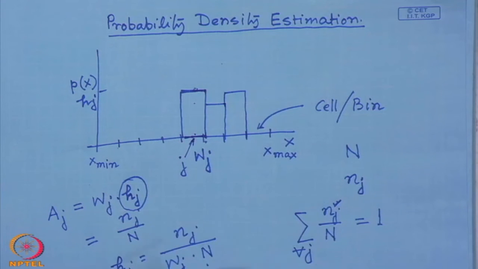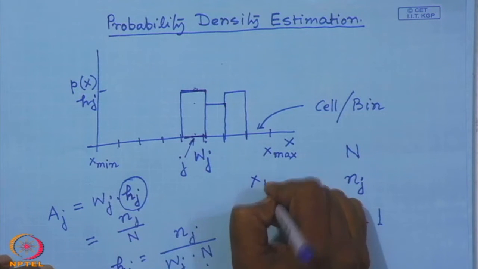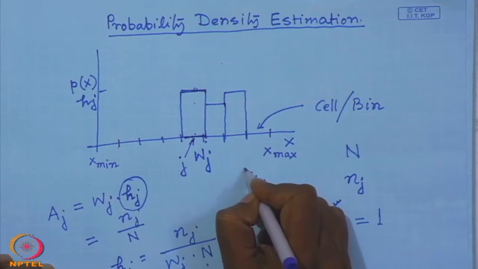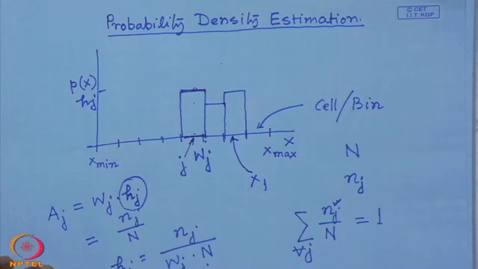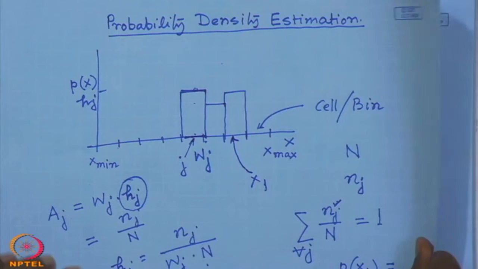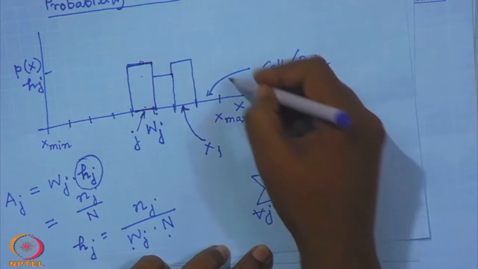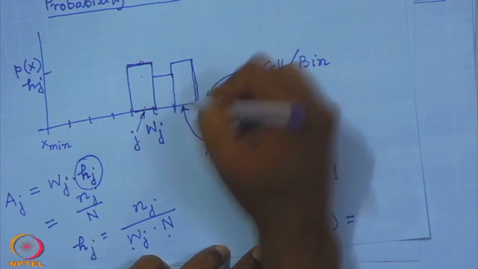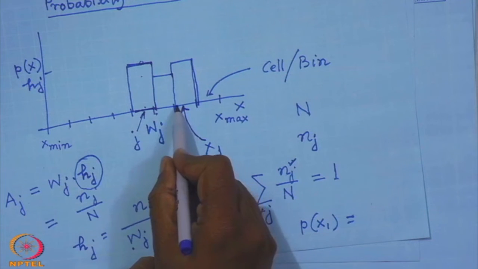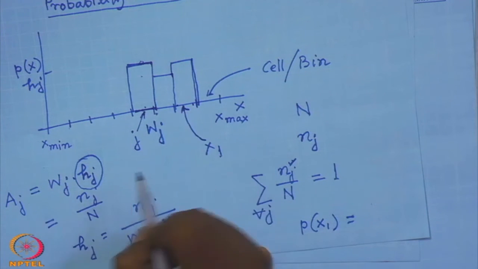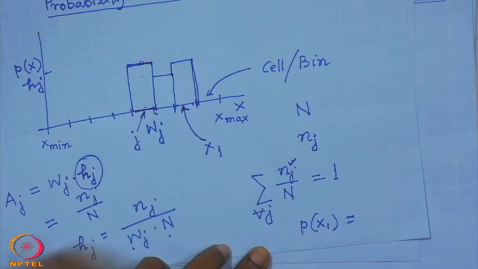Now, for an unknown x, say x 1, if I find that this x 1 falls in this bin, the probability p of x 1 will simply be given by the height of this particular bin, because that is our assumption that within a bin or within a cell the probability density is constant.